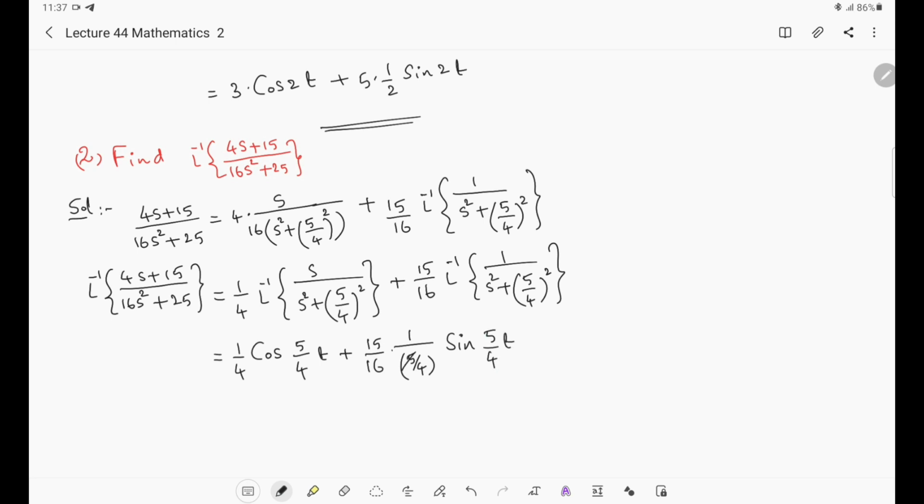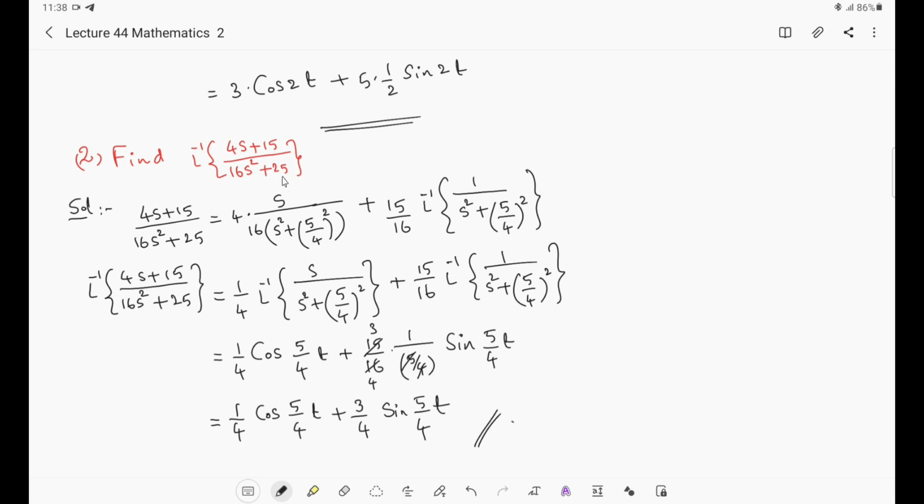Then what will happen here? 5, 3, 4, 4. So what will remain? Finally 1 by 4 cos (5 by 4) t plus 3 by 4 sin (5 by 4) t. This is the required inverse Laplace transform of the given function (4s plus 15) by (16s square plus 25).